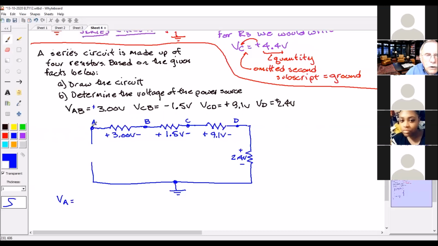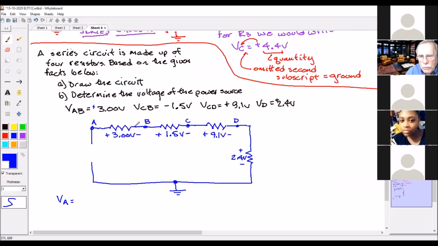I don't have to go that way, I could go this way. And I could say VA is going to be plus 3 volts, plus 1.5 volts, plus 9.1 volts, plus 2.4 volts.